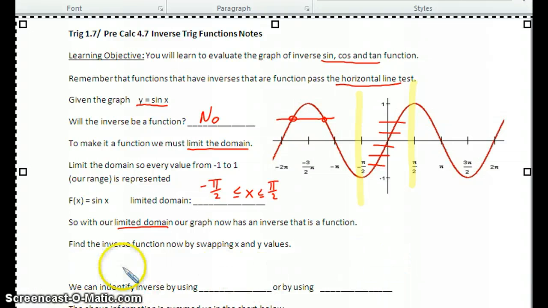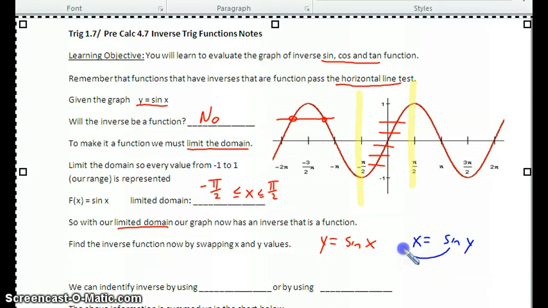But before we get to that, let's talk a little bit more about the inverse function. If I asked you to find the inverse of the equation y equals the sine of x, remember from chapter P, I believe, when we talked about inverse functions, we would swap the x's and the y's. So x equals the sine of y, and then you solve this for y.